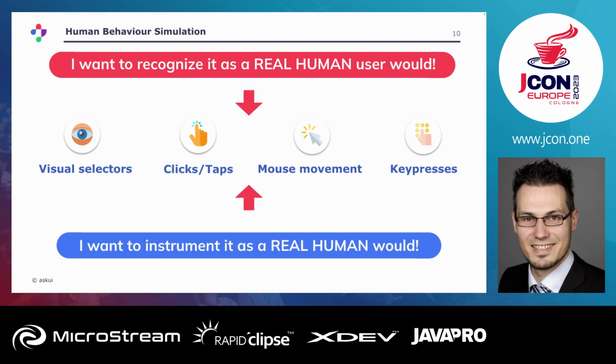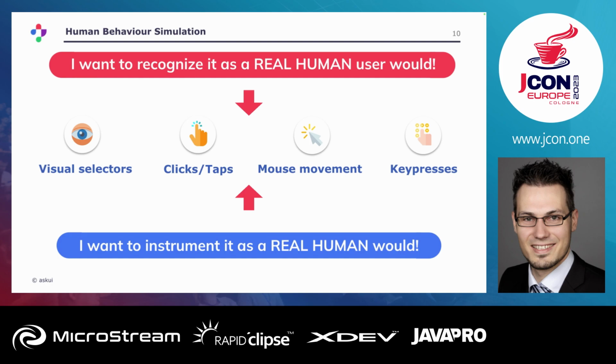This is cool for testing because you catch bugs that are usually non-catchable if you're automating on a structure, like modal dialogues or mouse movement or pop-ups you don't see normally if you're automating on the structure. So I want to recognize everything as a real human user would.